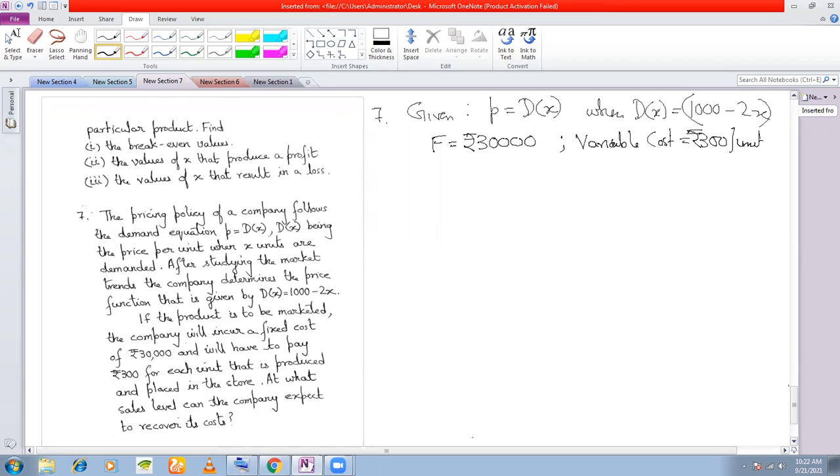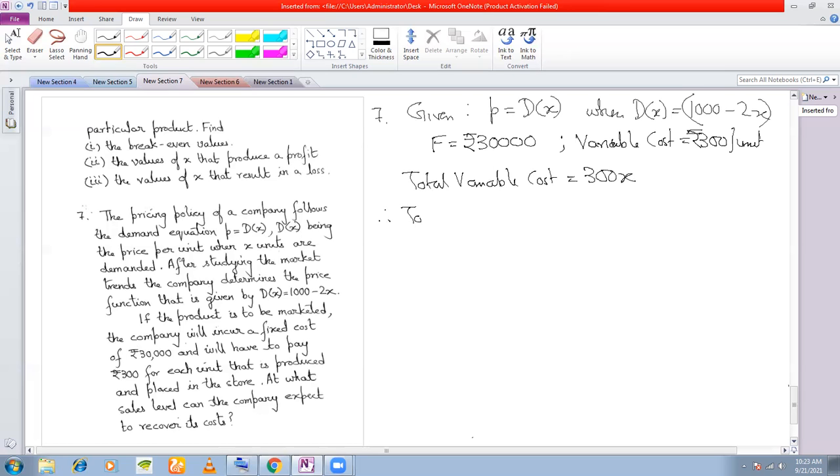Okay, so for break-even point, C(x) must be equal to R(x). That means total cost function must be equal to total revenue function. If you find out the total cost function and the total revenue function equated, you will get the break-even point. Let us first find out the total cost function. Total variable cost is 300x.